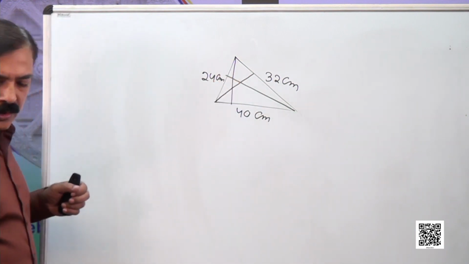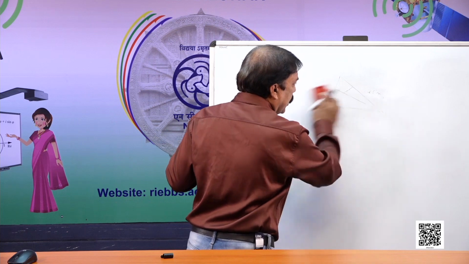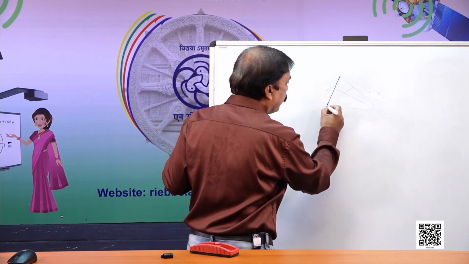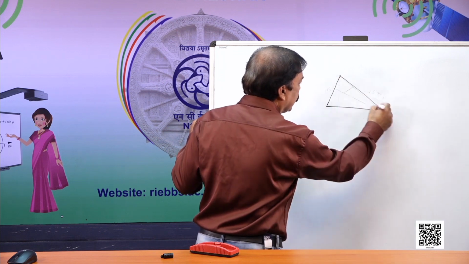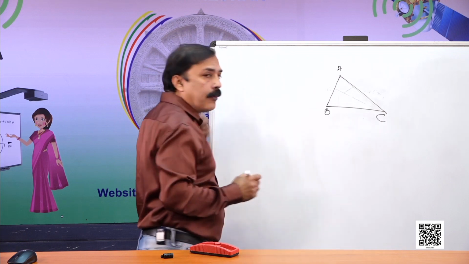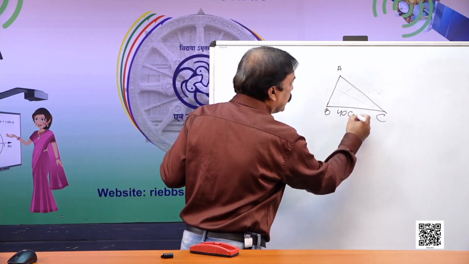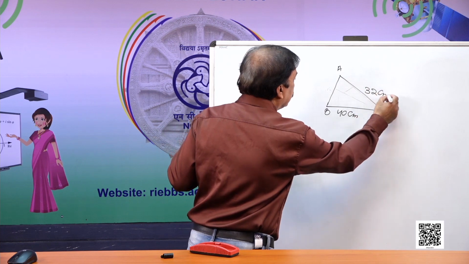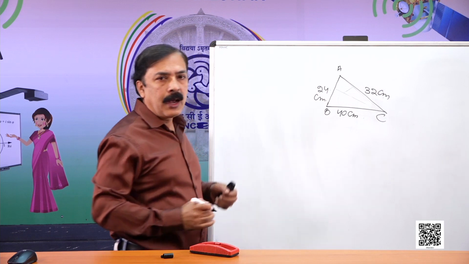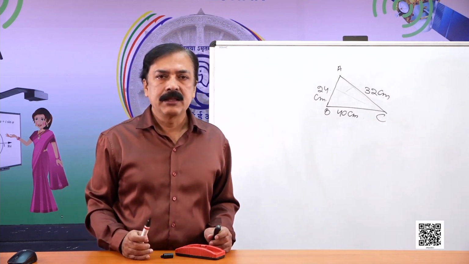It is not so easy to get the length of the height in case of a scalene triangle. So, how to find the area of this scalene triangle?